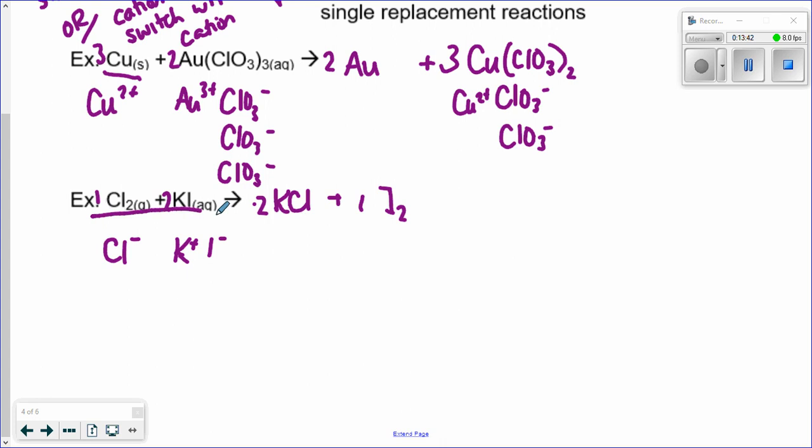So this is our final equation there. That's how you predict the product. The big thing is you're going to have the same charges replace one another. It's really important to watch for things that are found diatomically or polyatomically. It's super important with these ones.